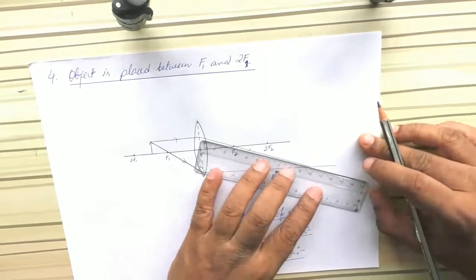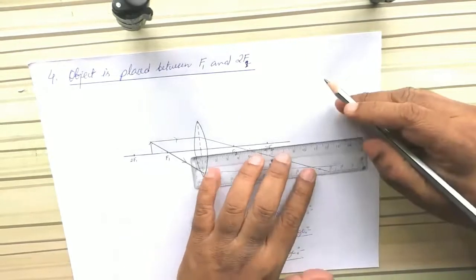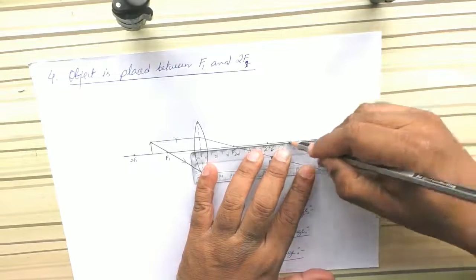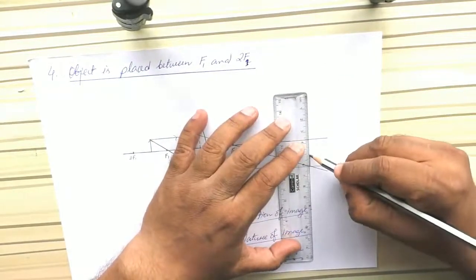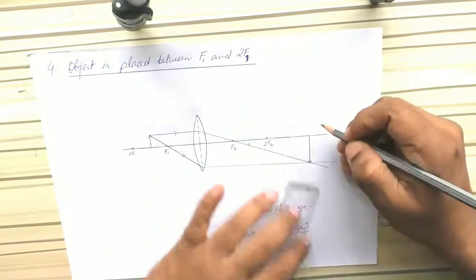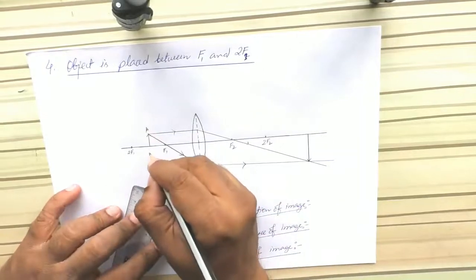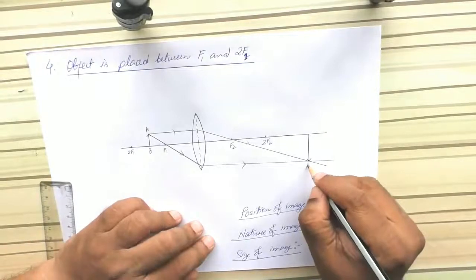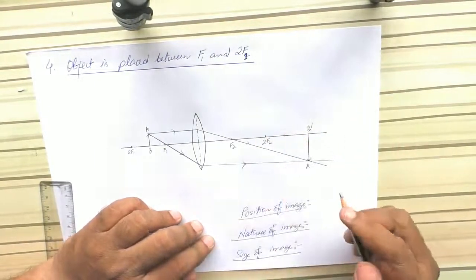So we have to extend these so that intersection takes place. We have to extend the principal axis also. So this is the point of intersection. From here we can draw the image on the principal axis. So the object is placed between focus and center of curvature, and the image is formed beyond center of curvature.